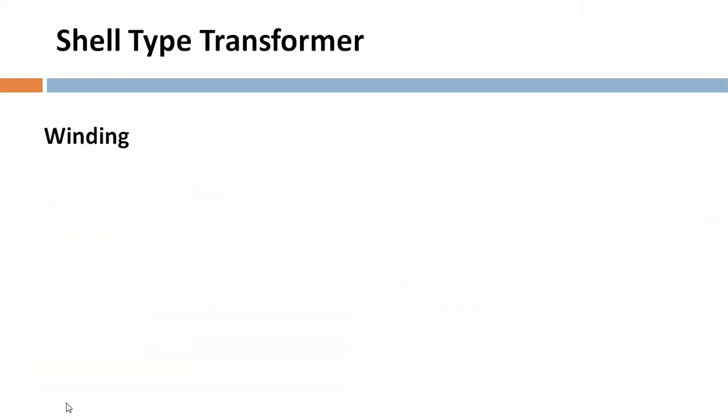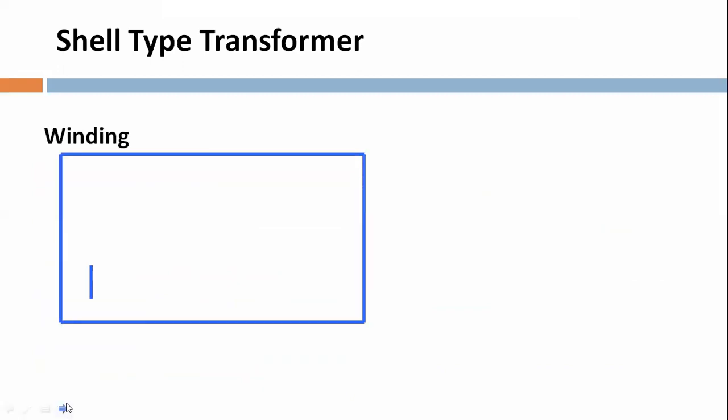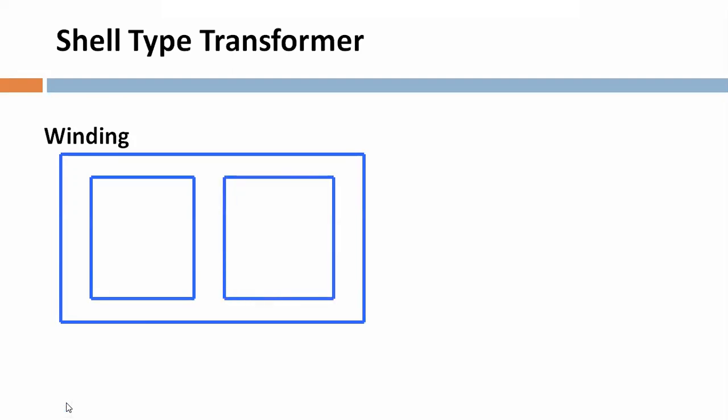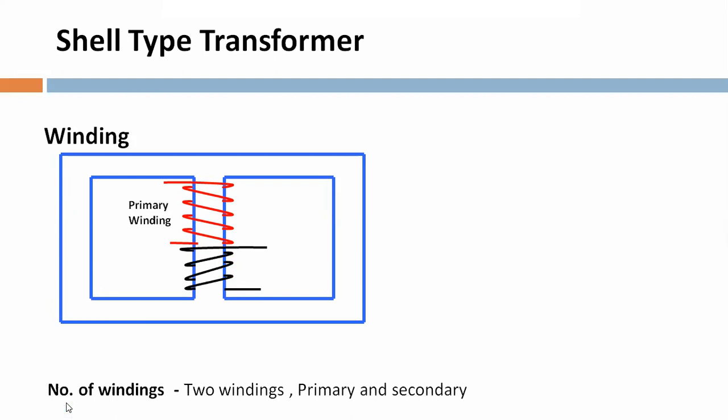Now we are discussing shell-type transformer winding. Here we see 2 magnetic paths are there. And on the middle limb we wind the windings, so we can identify the primary winding and secondary winding.